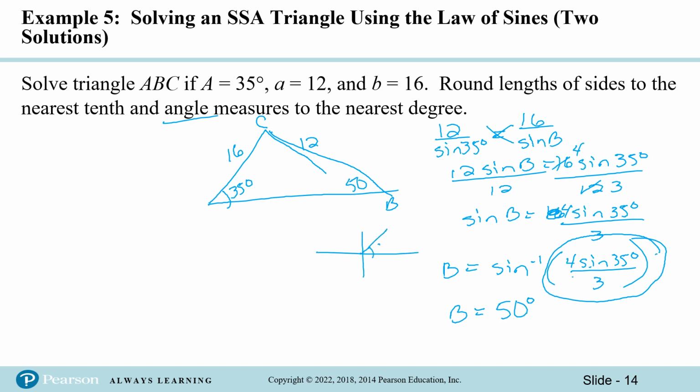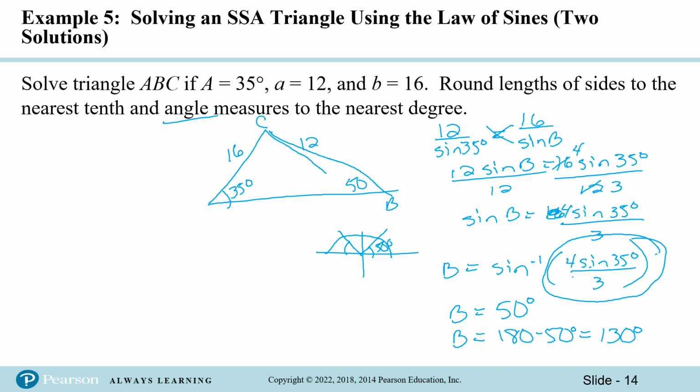There's 50 degrees, but there's also an angle over here in quadrant 2 that is positive. And so to find that, we would take 180 and subtract 50. So B could also be 180 minus 50 degrees, or 130 degrees.